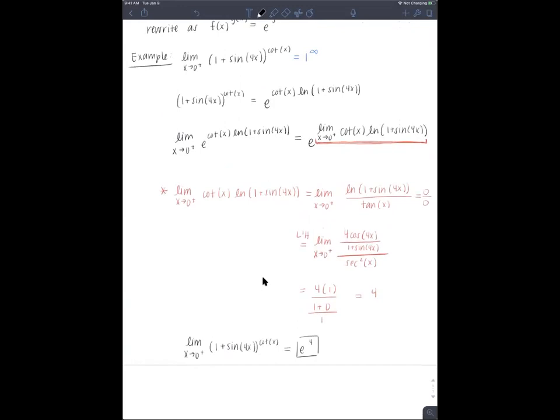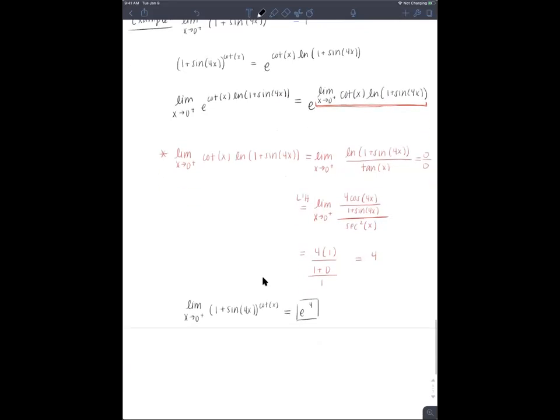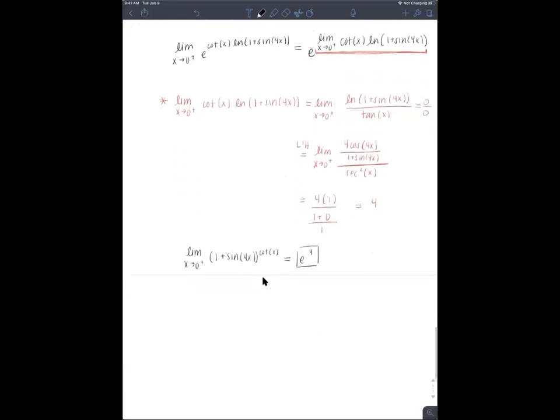And so before I let you guys go for today, I want to talk about the different types of things you can have with this. I'm not going to word it as a question, I'm just going to show you the answer. For example, I'm going to let f of x equal 1 plus 1 over x.